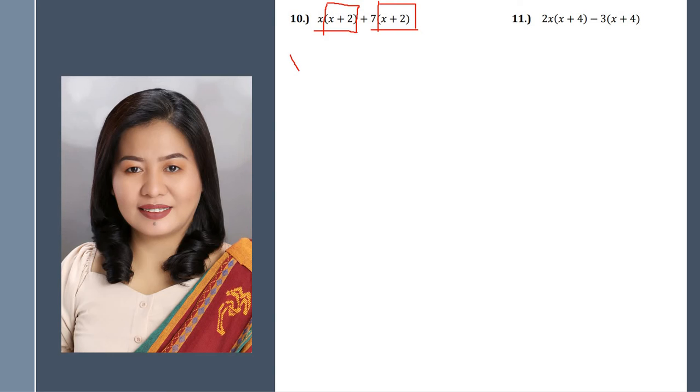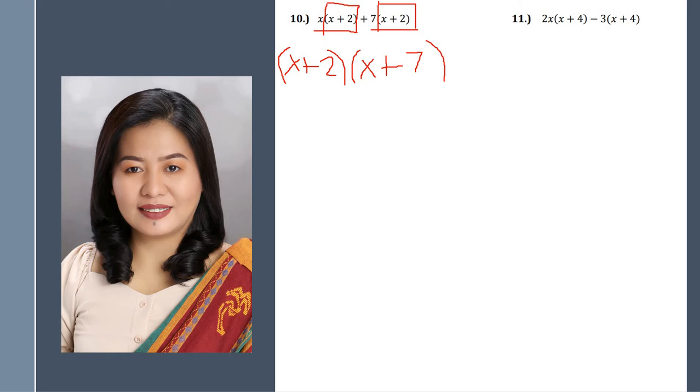So we write it once because that is our common factor, x plus 2, and we multiply it with the remaining factors of each of the given terms. So we copy x and 7. So the factors of x times (x plus 2) plus 7 times (x plus 2) are (x plus 2) times (x plus 7).